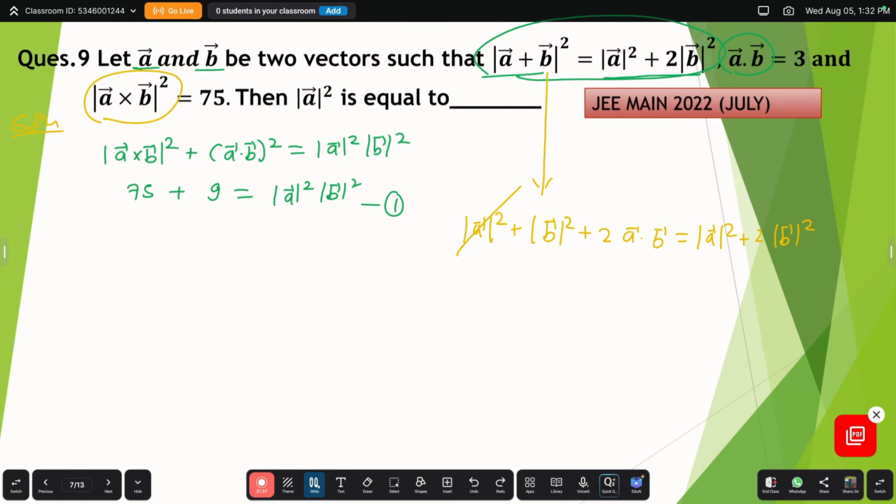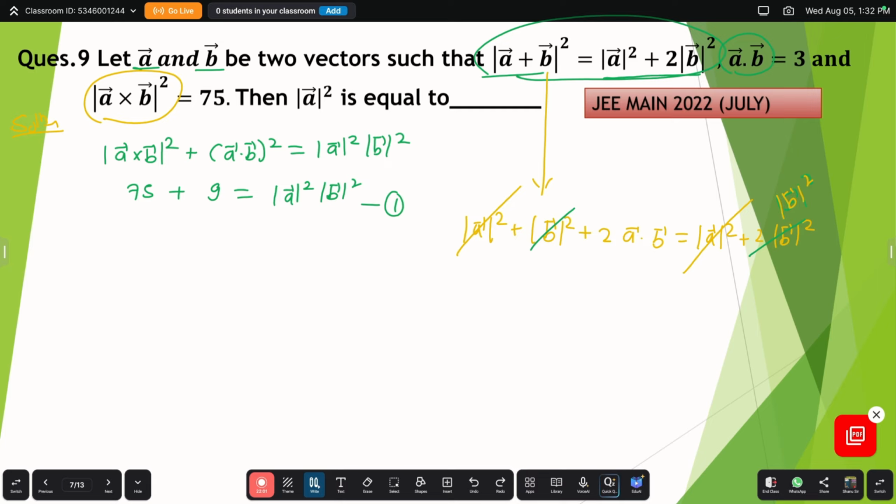Mod A square cancels. And from here 2 mod B square, here only mod B square. So if this cancels and this cancels, here only mod B square. Correct now? Because it will come here 2 mod B square minus mod B square, only mod B square.